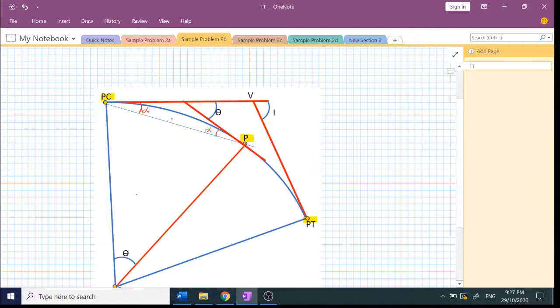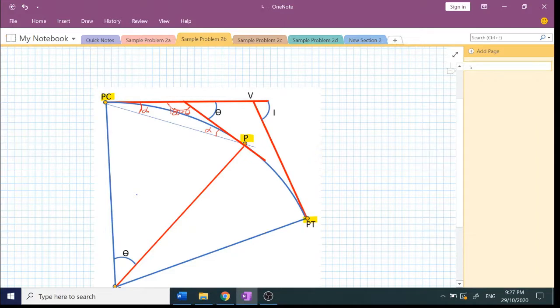Now let us try to look at this angle. Okay, ano kaya itong angle na ito equal to? You will notice that this theta and this angle are supplementary angles so that this will be equal to 180 minus theta. Diba?